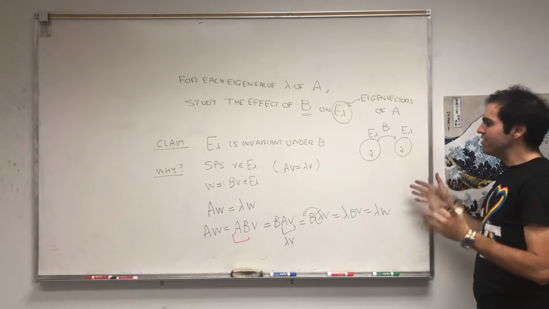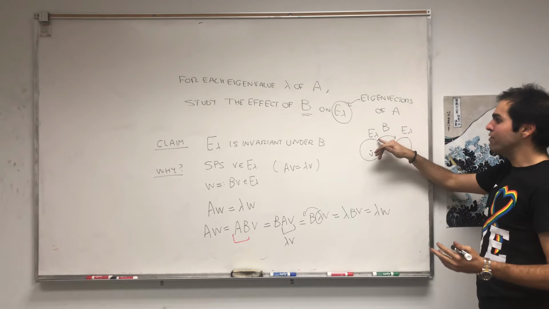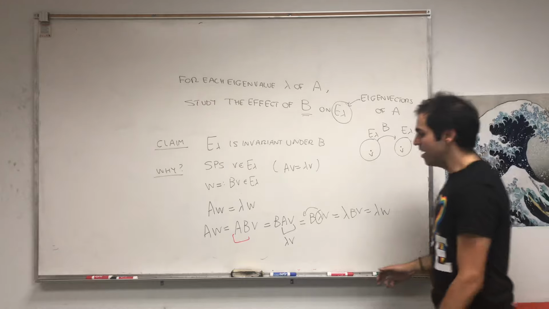And what's nice about invariance is that you can just define a restriction of B on E lambda.